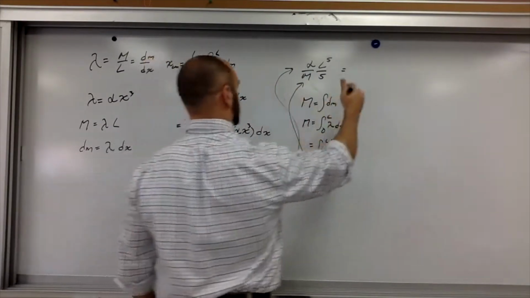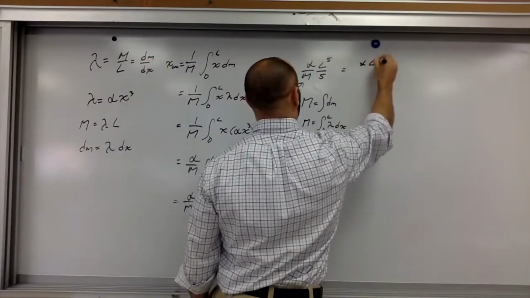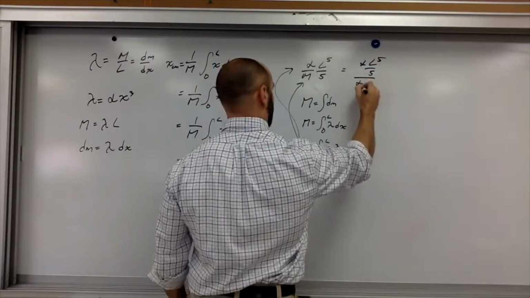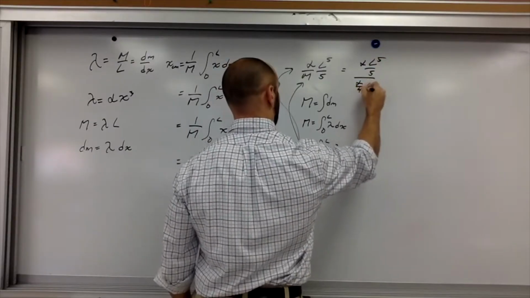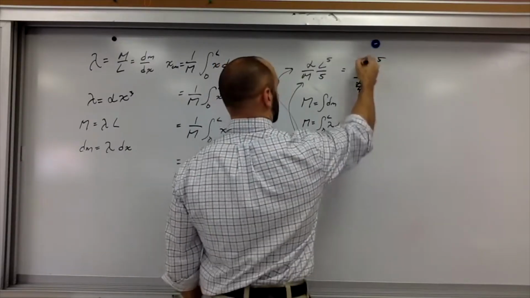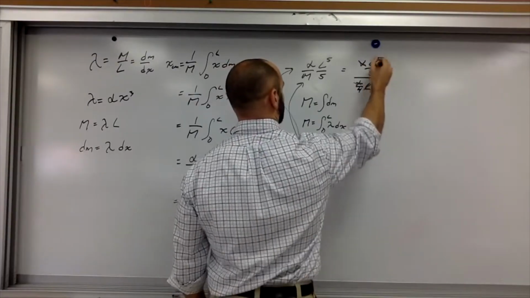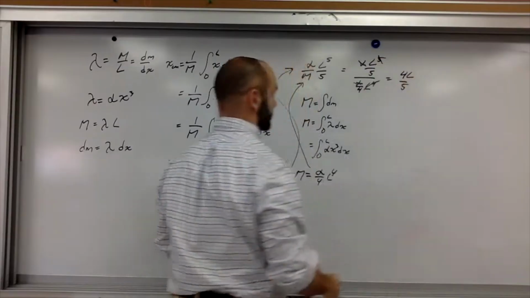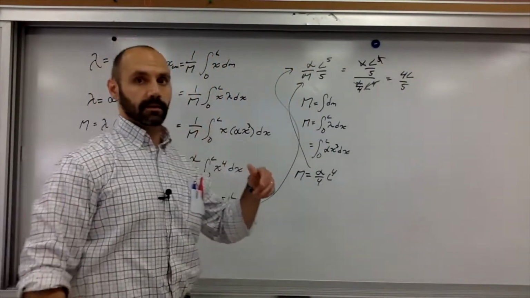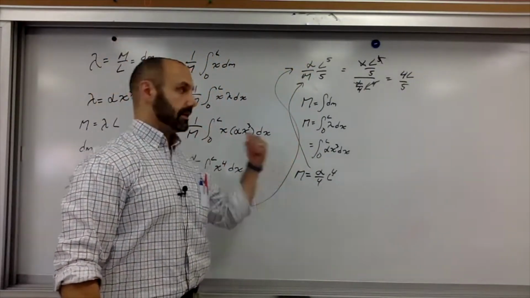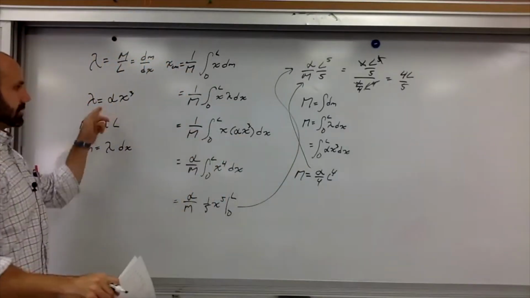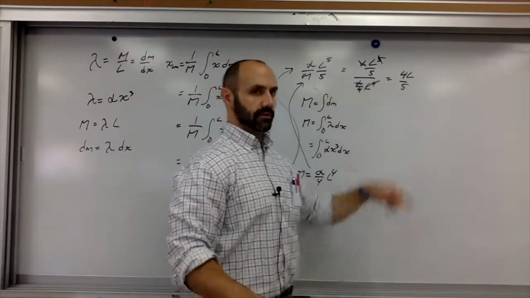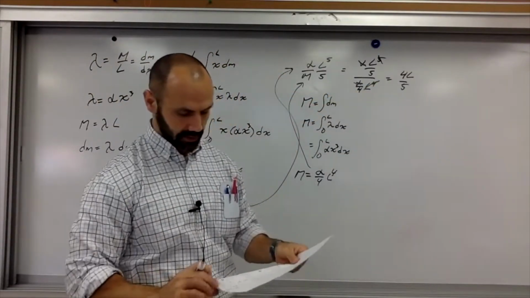I plug this in, and I get alpha L to the 5th over 5, over M, which is alpha over 4 L to the 4th. Alphas cancel out, this cancels out with these, and I'm left with 4L over 5. So first it was 1/2 L, then it was 2L over 3. Now I skipped an exponent. I skipped x squared, so this is x cubed. Notice now it's 4L over 5. So there's a little bit of a pattern here that you can see.